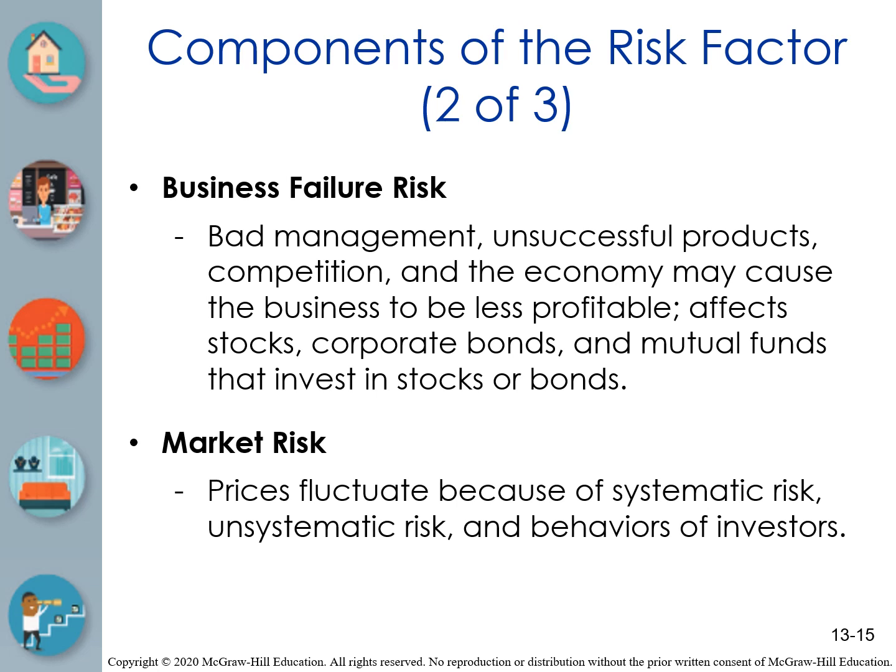But prices fluctuate again because of such things as systematic risk and unsystematic risk. And we don't get into this in too much detail, but this is when we talk about market risk, is you can't know where the market's going to be going.